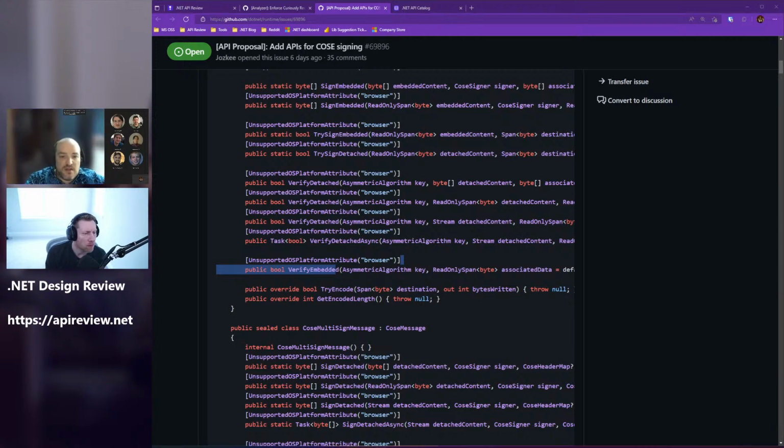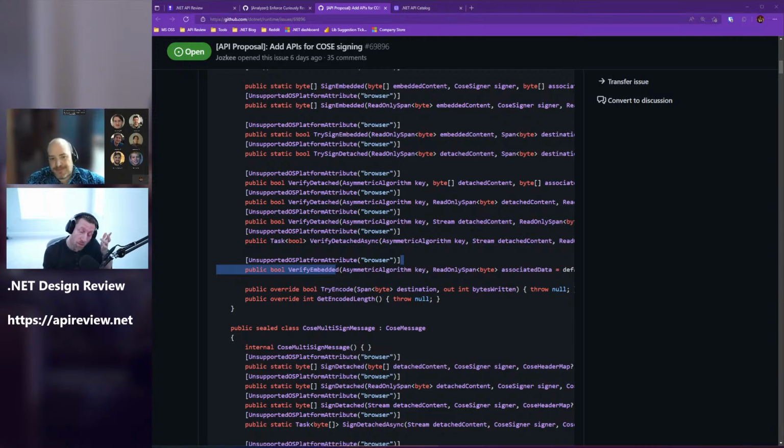Sorry, one question. So the verify methods, they're all non-static, is that correct? All the verifies are instance. So you have to have already called decode to get the message instance, and then verify will use the state that was contained within the message. Gotcha. And so is it fair to say you didn't mark the encoding because the encoding is just writing data, and we don't need to call into crypto APIs anymore?